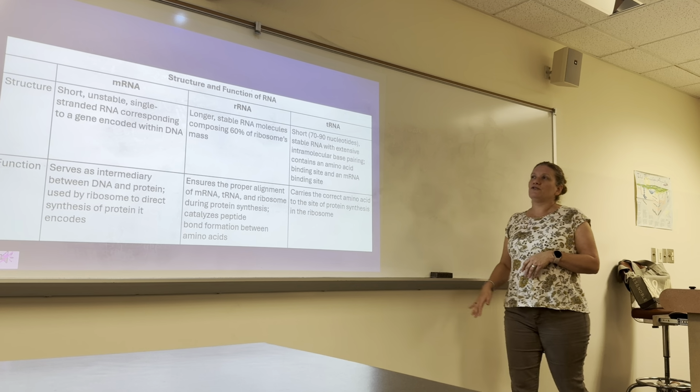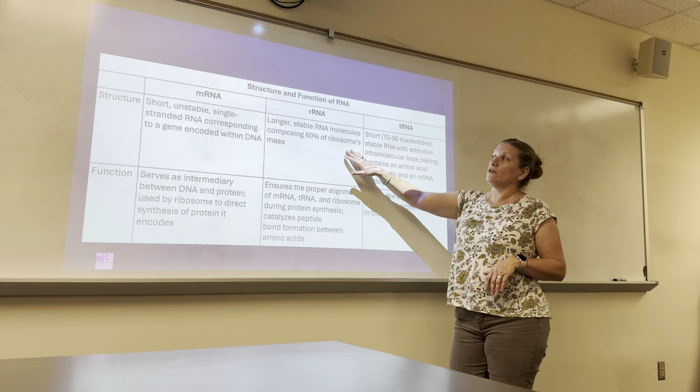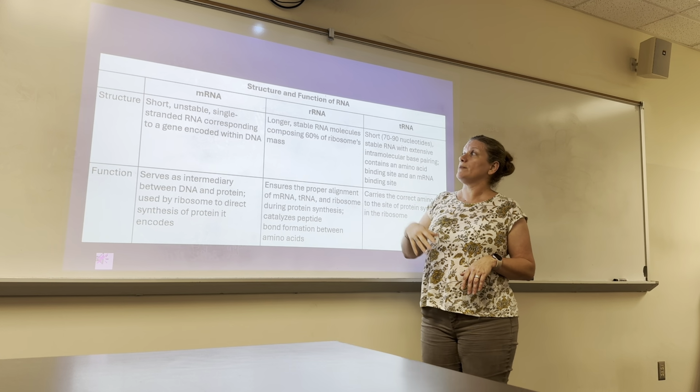If we look at the structure and function of the three main types of RNA, messenger RNA is the one that serves as the template, and it is what is going to be translated to give you your protein. Ribosomal RNA, there are several different ribosomal RNAs.